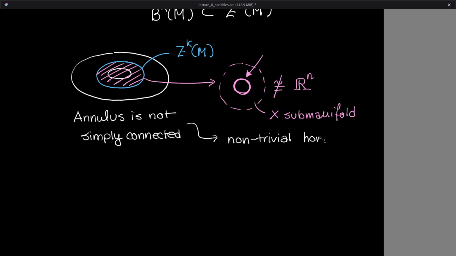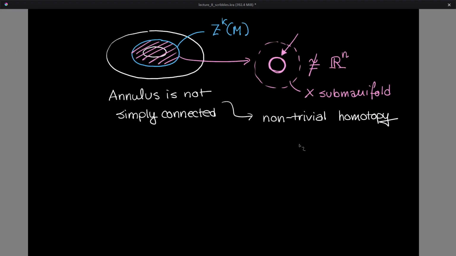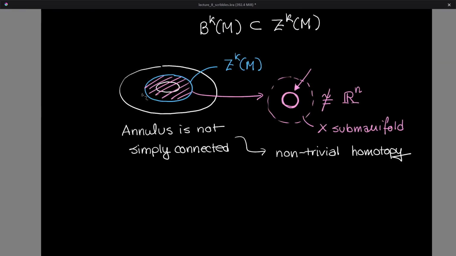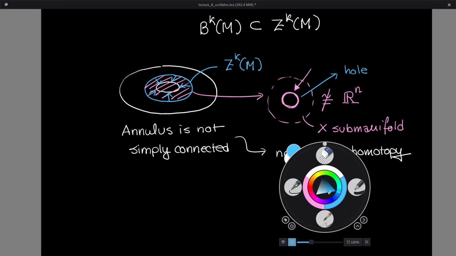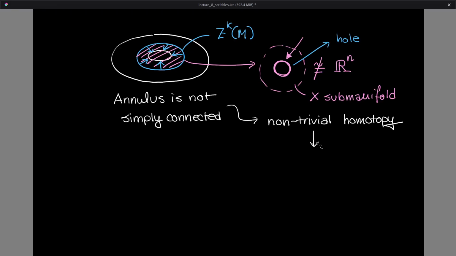There we go. So what does that mean? That means that there's a closed curve that we can't contract into a point. The thing that's preventing us from contracting into a point, an obstruction, is the hole, right? So this is where that idea of detecting a hole comes from.